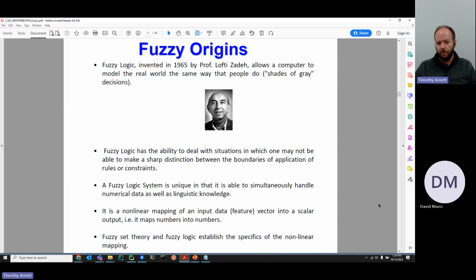But then you may want to also take in numerical data and modify your system, or process it, not just modify it in terms of machine learning. And so it can do both. It is typically, I'll say typically, it can be linear, but it is almost always a nonlinear mapping of input data into output data.